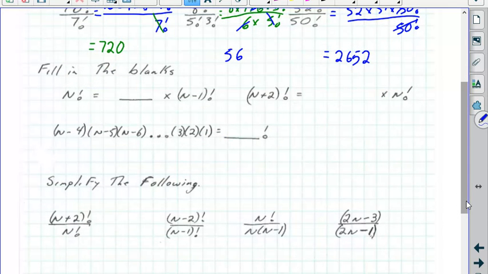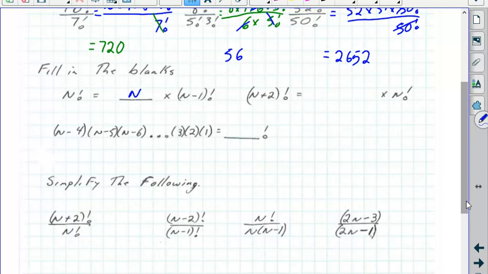We tend to use n for variables instead of x, because when I see n, we tend to think, okay, n is a whole number. So n factorial could be written as n times 1 less than itself factorial. N plus 2.